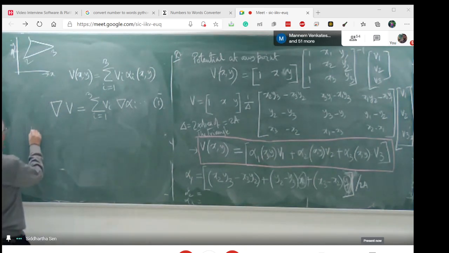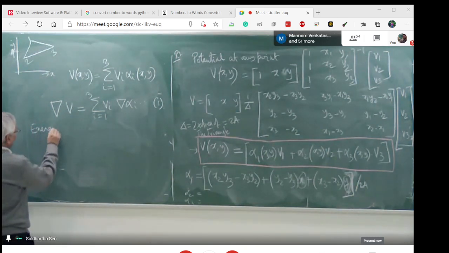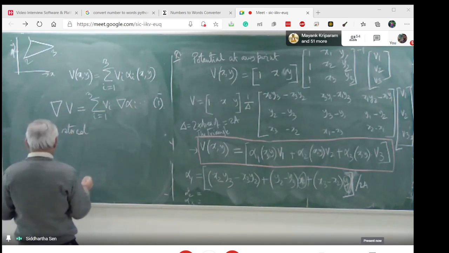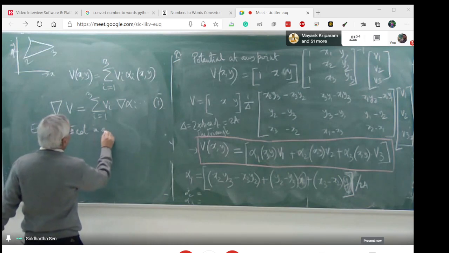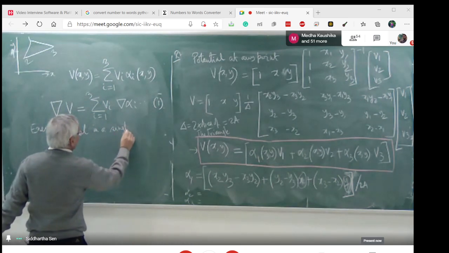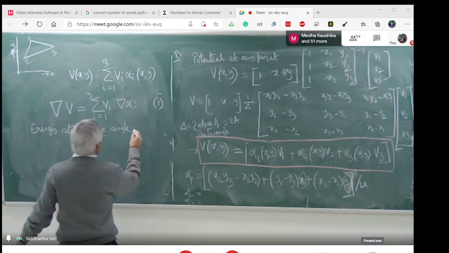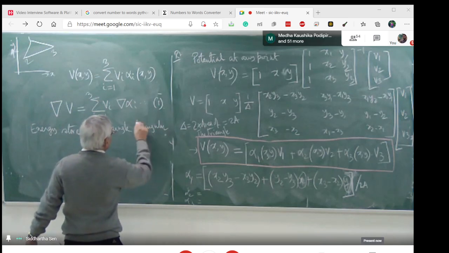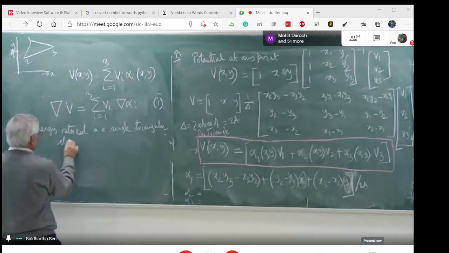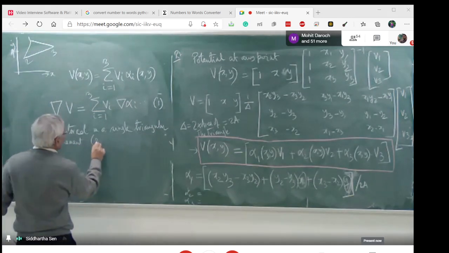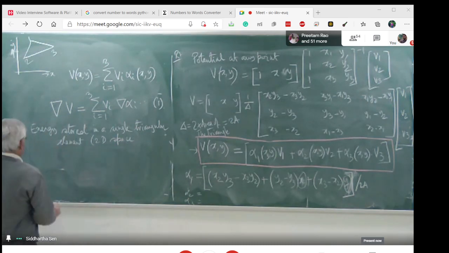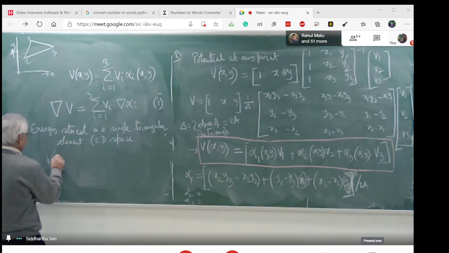So, energy stored in a single triangular element in 2D space, WE in a single element.